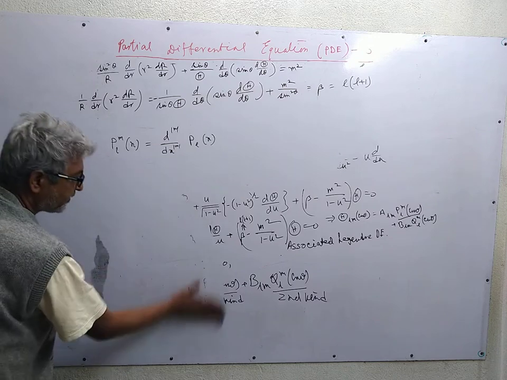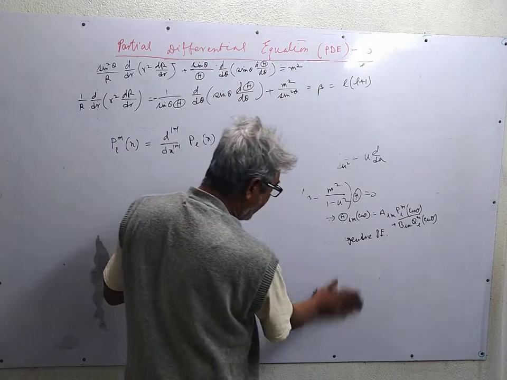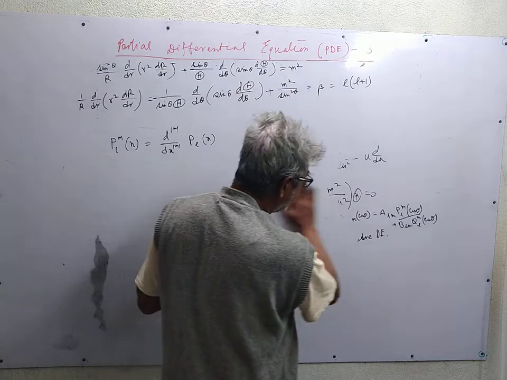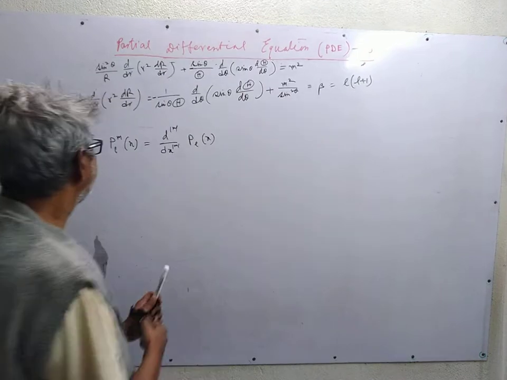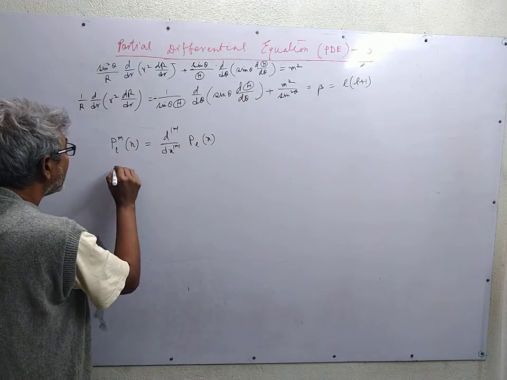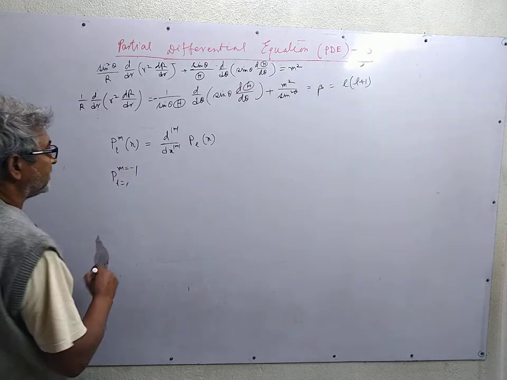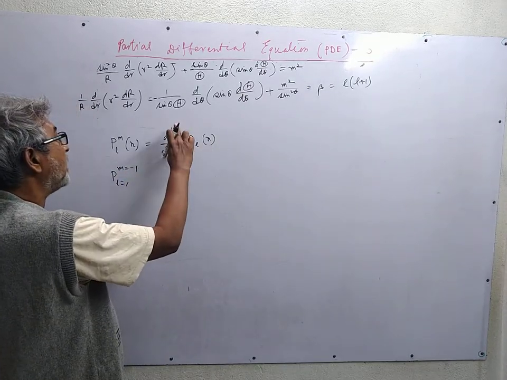So for example, as per the vector atom model, for L is equal to 1, M can have values 0, plus 1 and minus 1. If we are interested to get P L is equal to 1, M is equal to minus 1, then we are to differentiate P1 once.